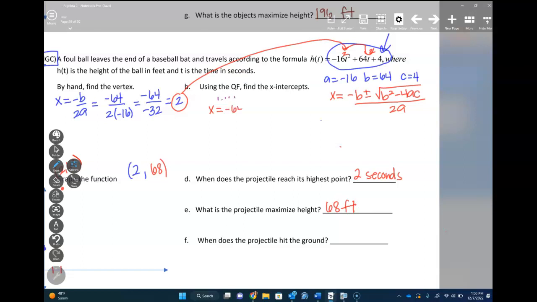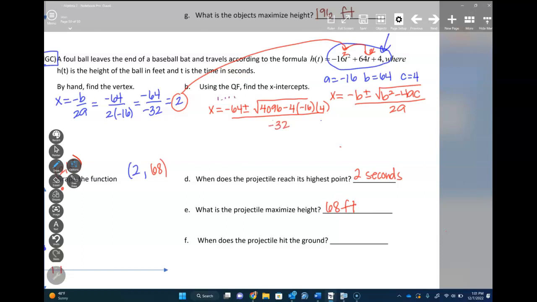Negative 64 plus or minus the square root. What is 64 squared? 4,096 minus 4 times, Ethan, what's my A? Negative 16 times, Mason, what's my C? All over 2 times A. What's 2 times negative 16?